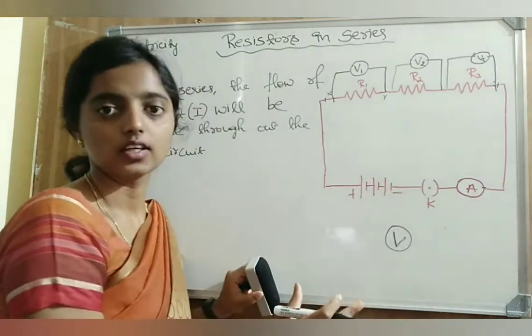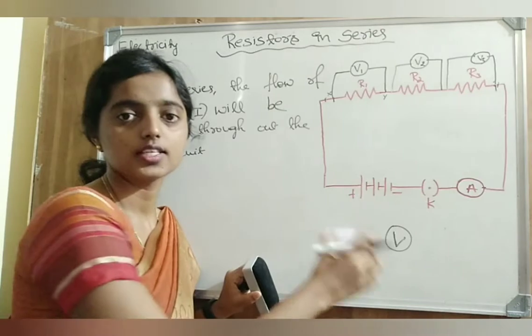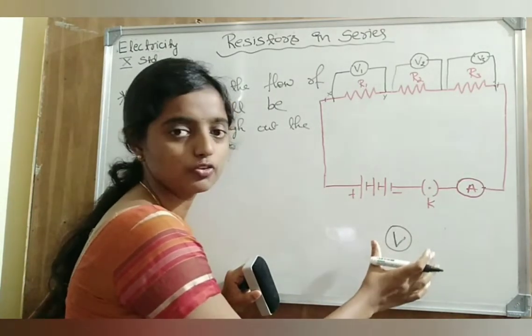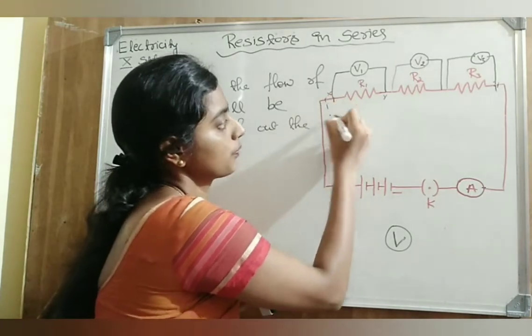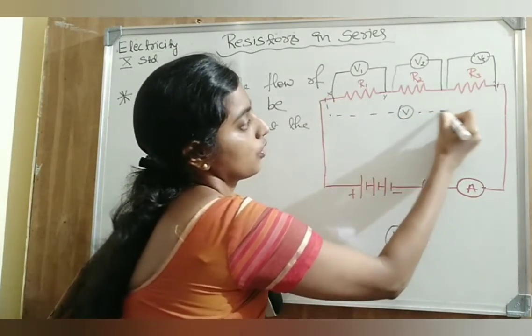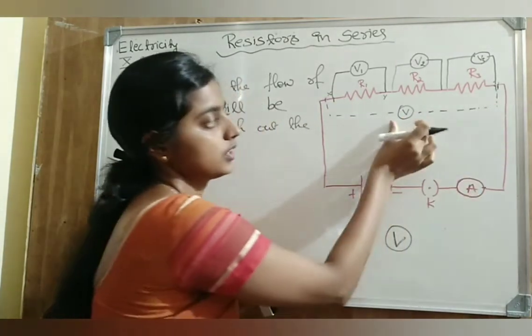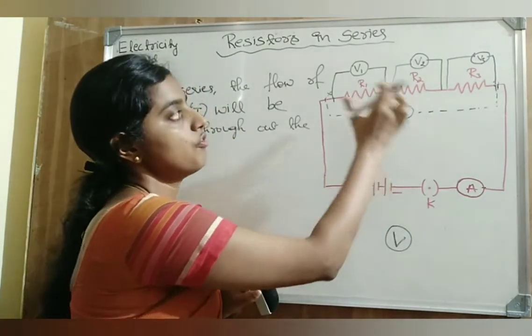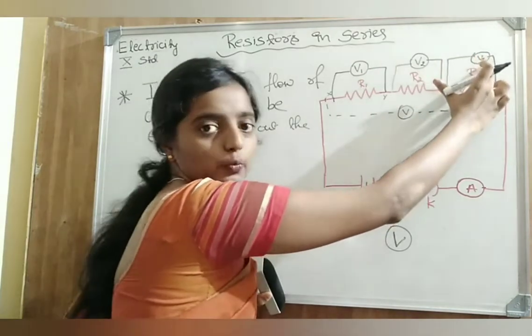Now understood, right? Don't forget, understand this concept here. The potential difference which we took first, from here to here, is equal to the sum of V1, V2 and V3.